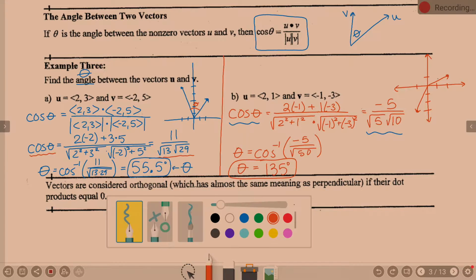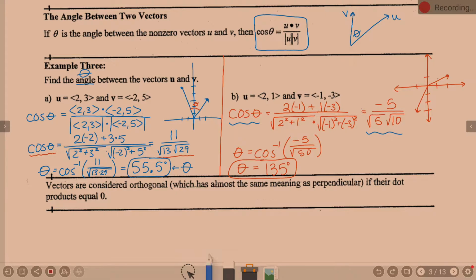Angle between them. And we're going for the less than 180 type angle here. Okay. Does that look like that could be 135?